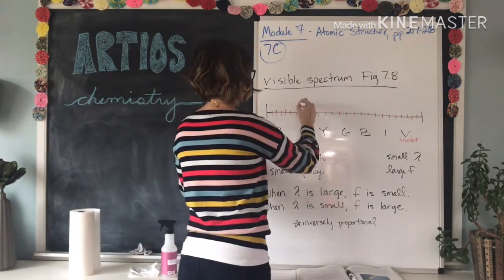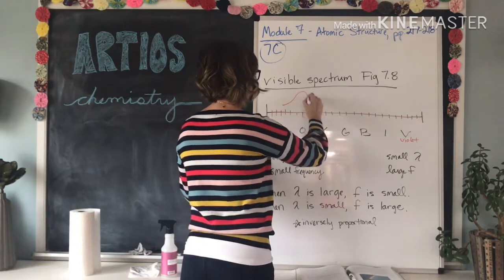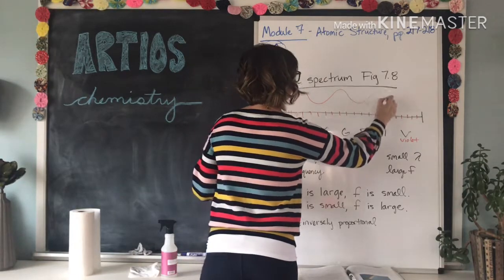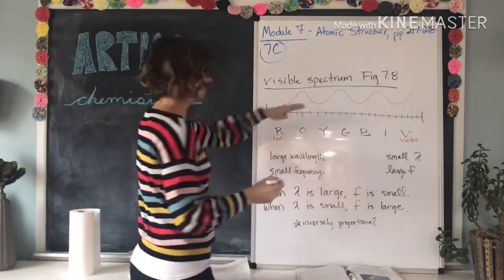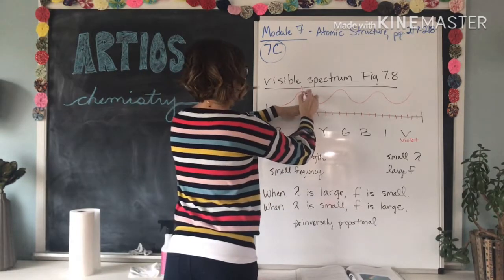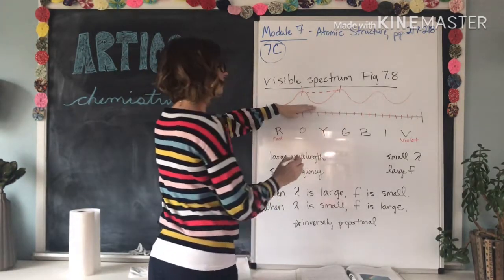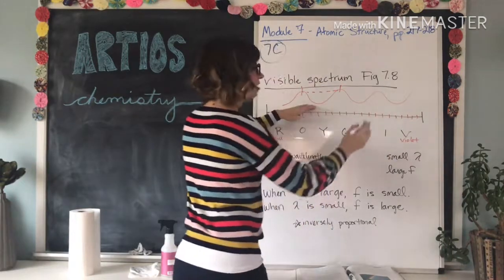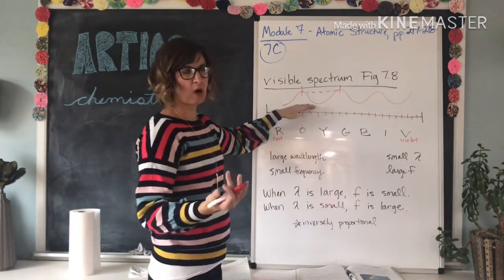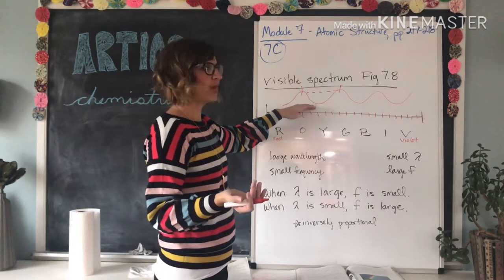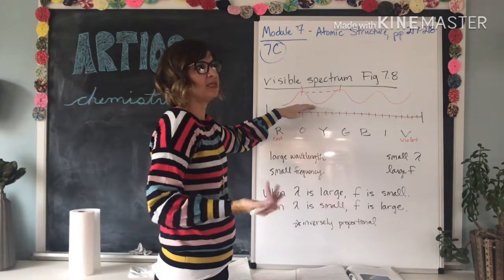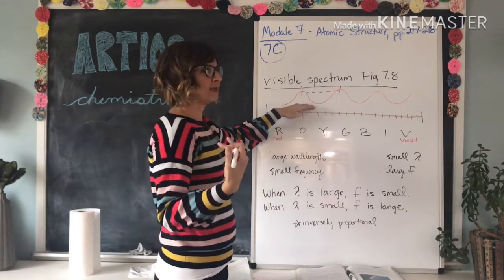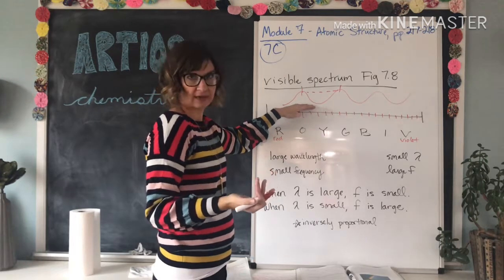And you can kind of imagine why they are inversely proportional. Because if this is a wavelength, let's say that this wavelength is relatively large, the waves are not that close together. So frequency is going to be kind of small. Let's imagine we're standing on a beach. You're getting hit by the wave maybe 1 per second.